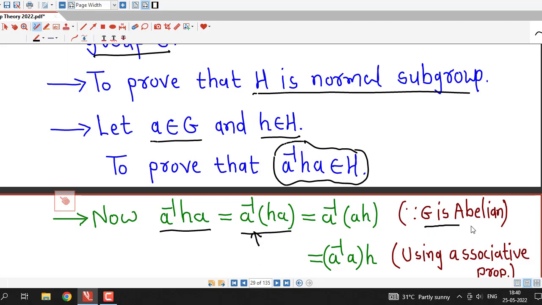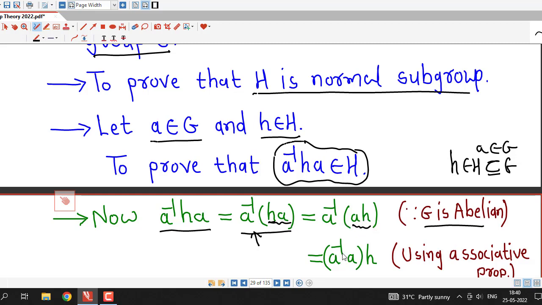Now because G is abelian and h is present in G and also A is present in G, therefore h into A can be written as A into h. So in the next step we replace h into A by A into h.